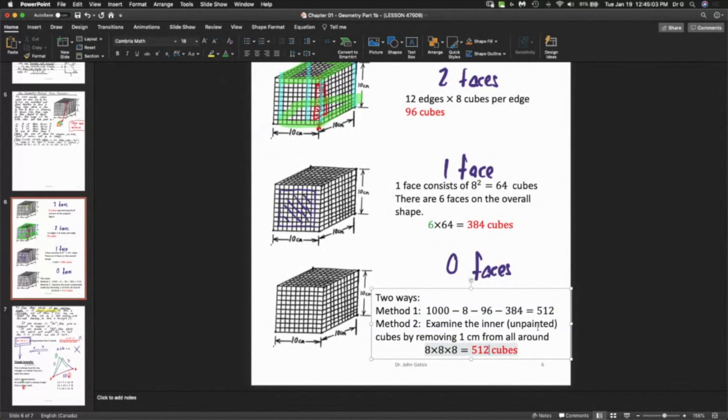So that's why it's 6, Malik. So each of the sides here there's 6 of them, and each of those 6 sides is 64 of these little cubes. Is that okay?